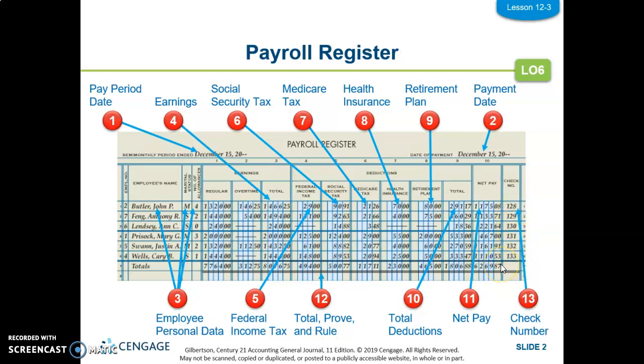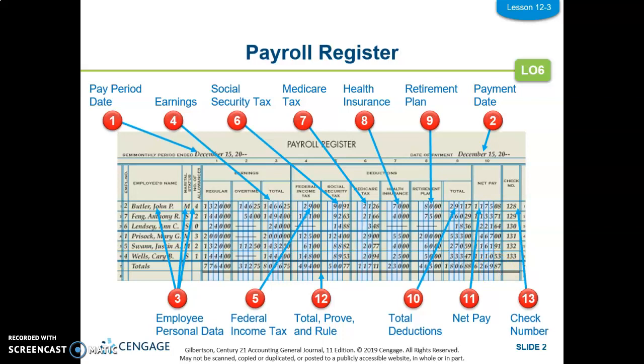We would, as a business, have a general checking account with a lot of money in it, hopefully. Most businesses set up a checking account that's for payroll only, so they will move the amount of this net pay, 626987, to the payroll account.